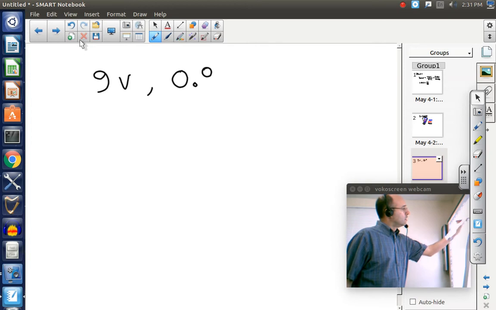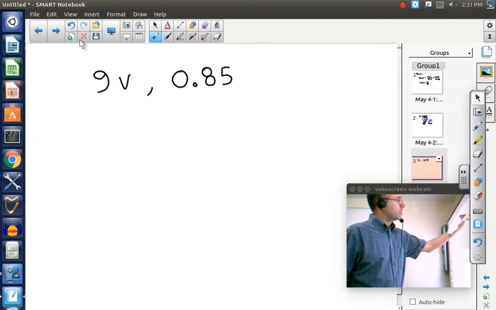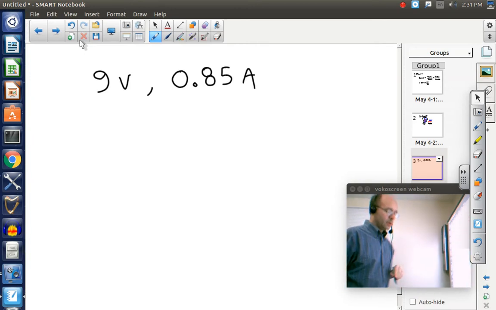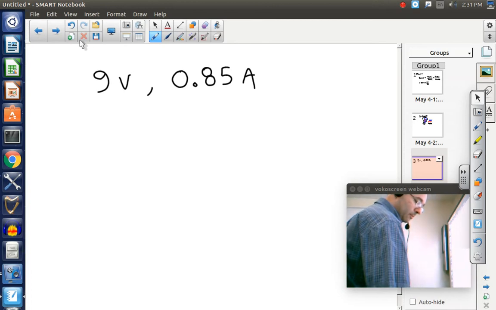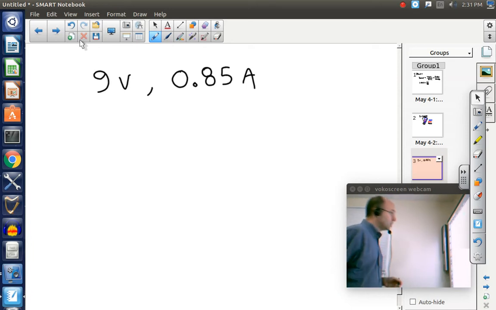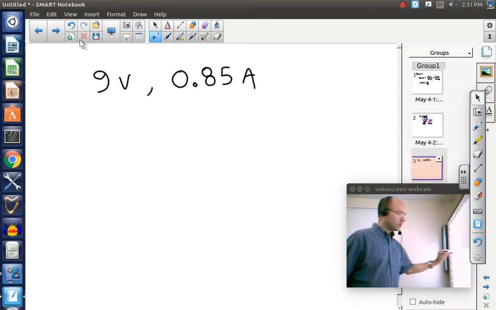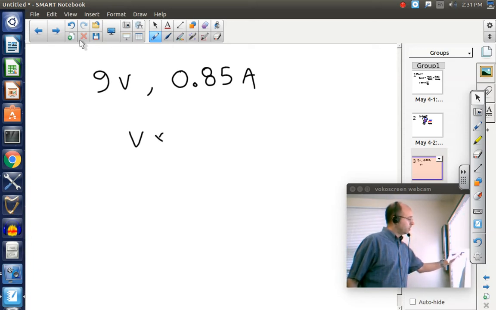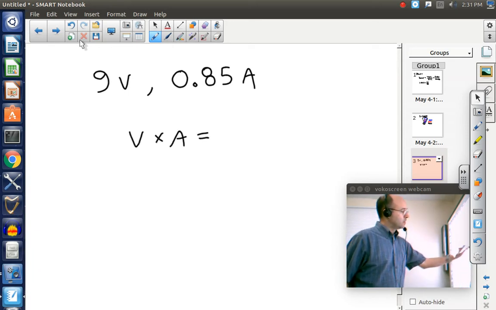It gives me 9 volts, or the power supply it needs is 9 volts, and worst case scenario, when it's working as hard as it possibly can, which isn't necessarily all the time, it needs at least 0.85 amperes. And the cool thing about the metric system is we can simply multiply our volts times our amps to get our power.